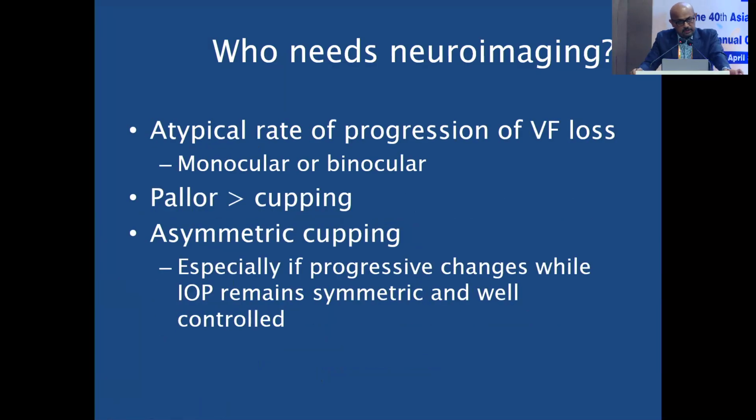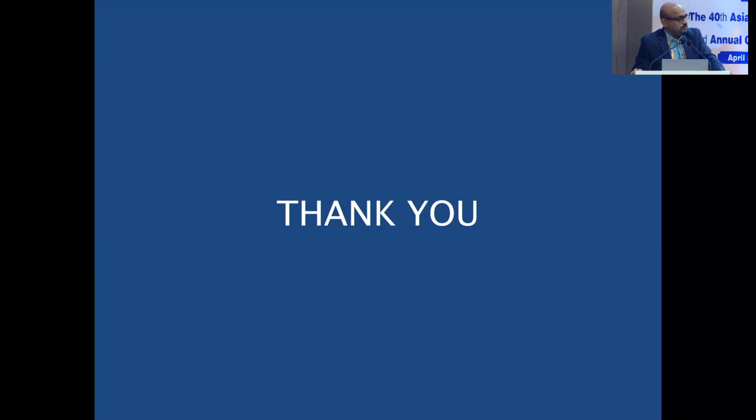Atypical rate of progression of visual field loss, because unless it's a narrow angle glaucoma, it's very rare for glaucoma to present with an acute event or a very rapidly progressive event. When pallor is more than cupping, or there is an asymmetrical cupping which cannot be accounted for by the general examination. Thank you.